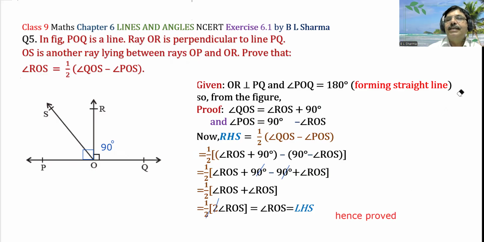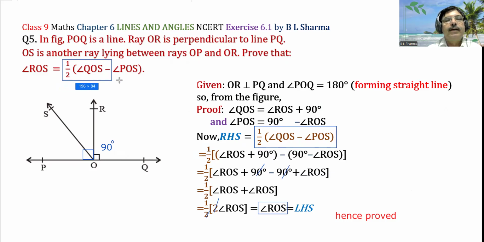Hence proved. See? Angle ROS, that is left hand side, is this. And we have proved that is equal to angle ROS. यही तो प्रूव करना है. That's all for this question.